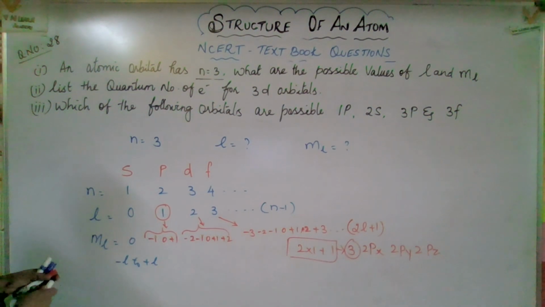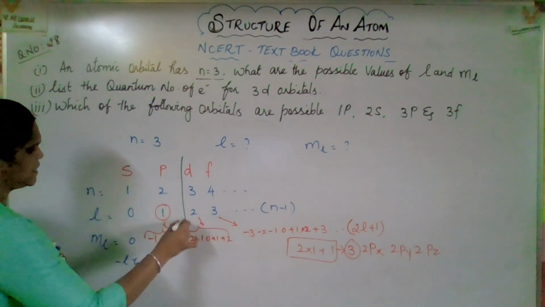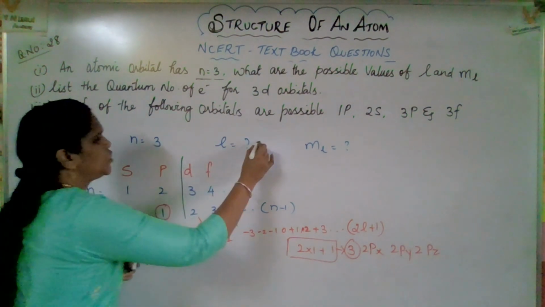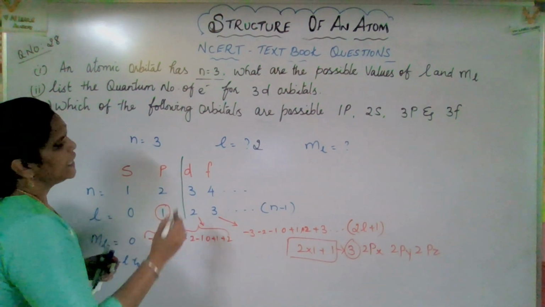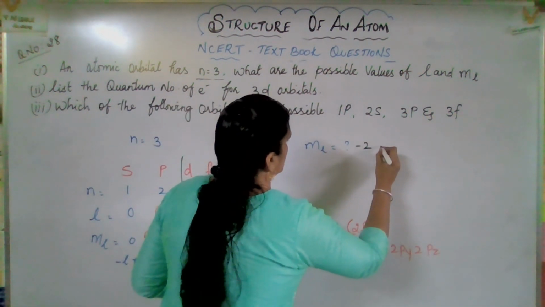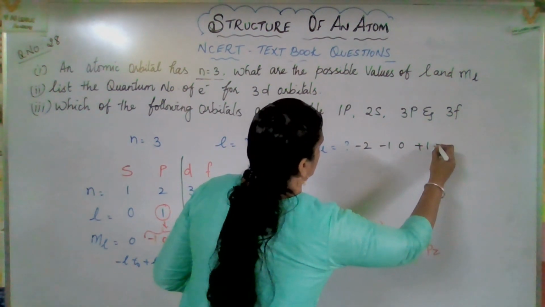Now, in this n equal to 3, l equal to 2. So l equal to 2 means m equals minus 2, minus 1, 0, plus 1 and plus 2.